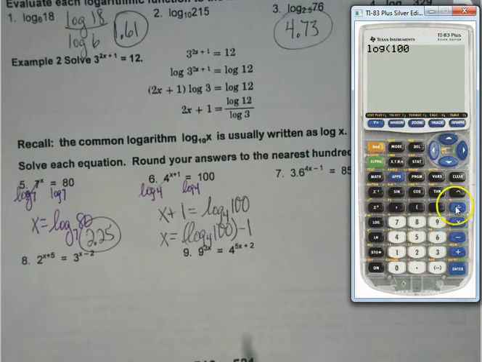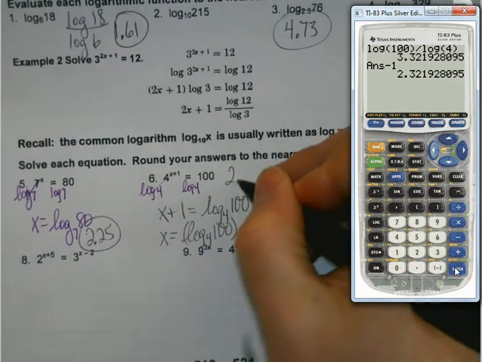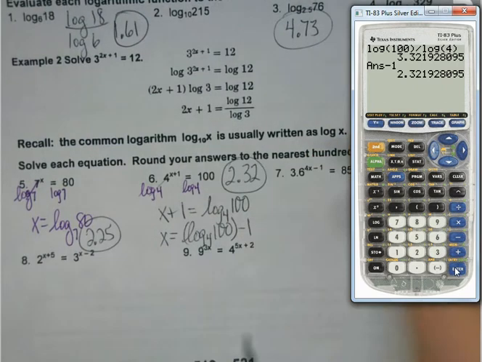So my log of 100 divided by my log of 4, except I've got to close my parenthesis. And then just subtract 1 from it. If you take it in pieces, you're less likely to run yourself into trouble. You're like, trouble? What's that? There's no trouble.